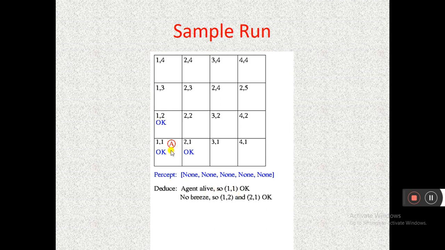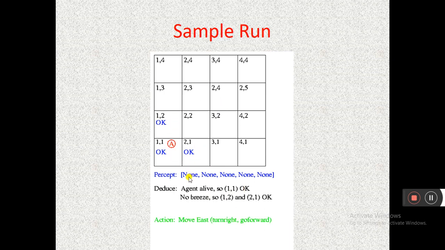That means we have to move forward. No breeze, so 1 2 and 2 1 are okay. In this state the agent is alive, so 1 1 is okay. We have to move forward.